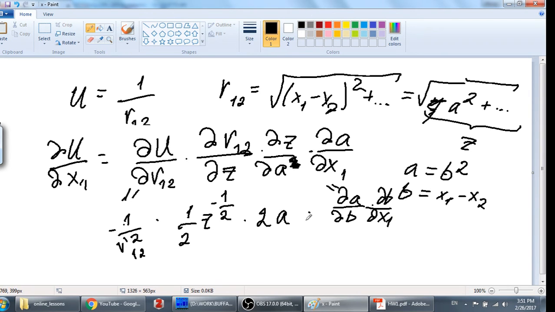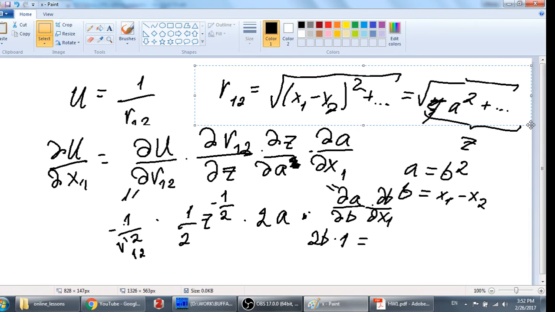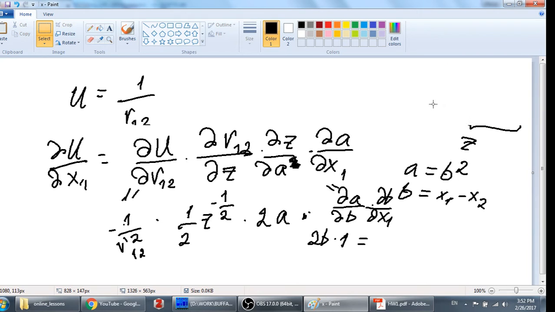So da over db is 2b, times db over dx1, which is 1. Okay, now just collect everything and we'll get a result. So maybe I will just erase something from the top. Don't need this part anymore.